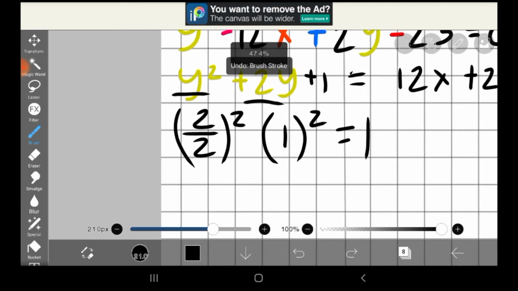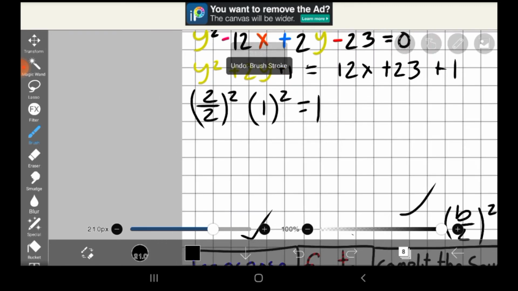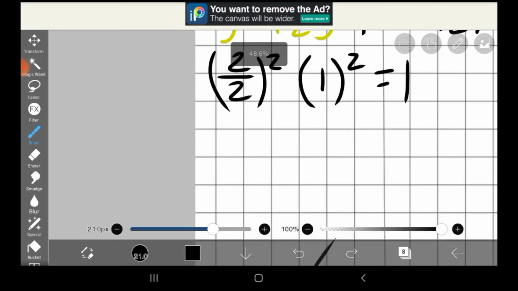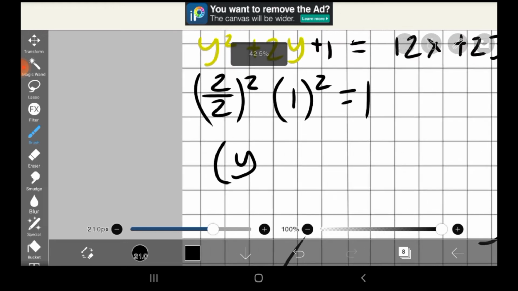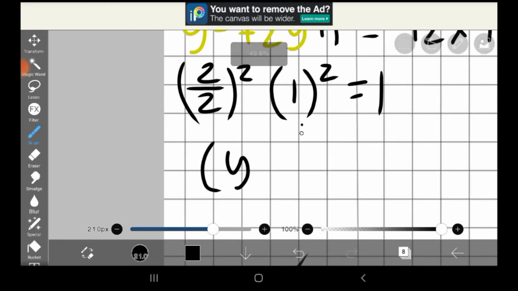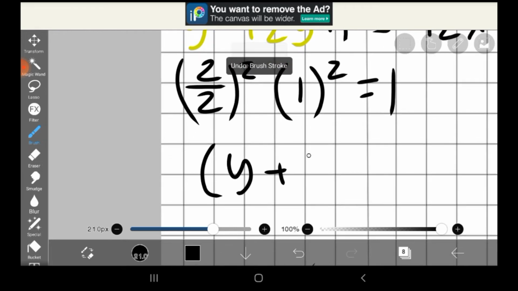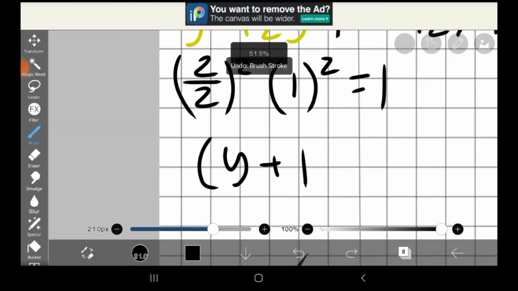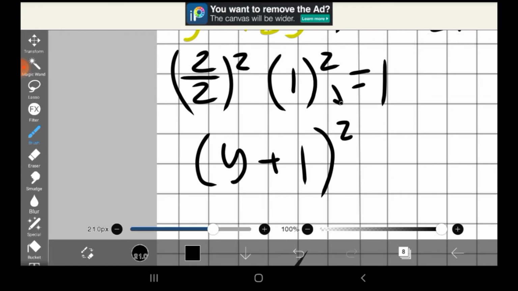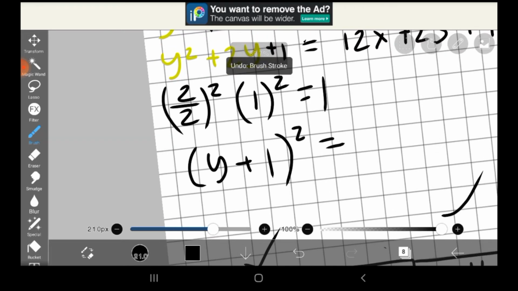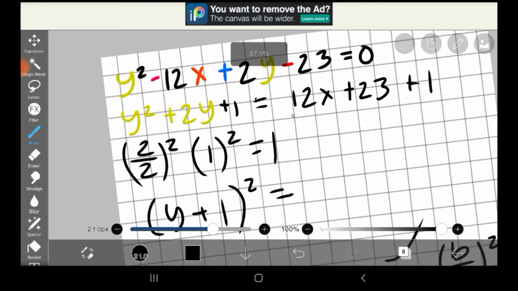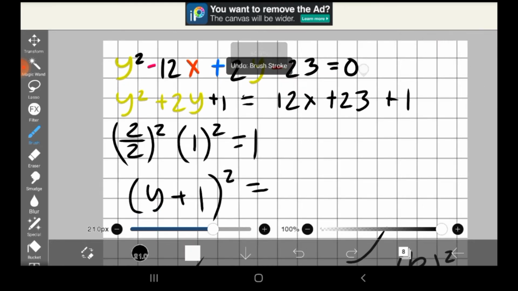We can actually convert it to standard form already. So what we'll do is we close parenthesis y, and the second term, it's here, positive 1. We're using this one, and squared. And then as you can see here on the right side, the 23 and the 1 are constants, so we can add them both. We can add 23 and 1, so that will turn into 24, combining like terms.